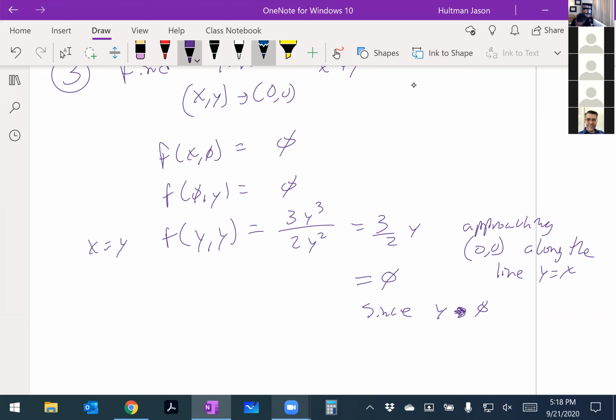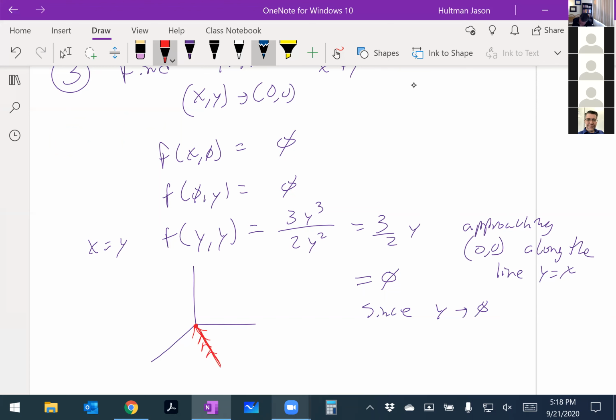We can get there along this line y equals x. So what would this look like? Where's the line y equals x? Well, the line y equals x is right here. And so what are we approaching 0, 0 on? We're approaching 0, 0 on this line.